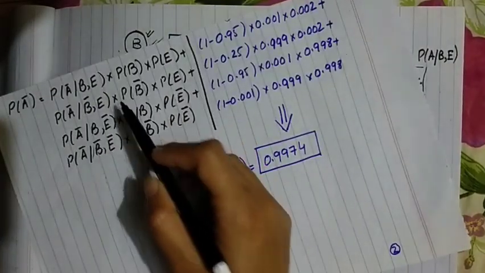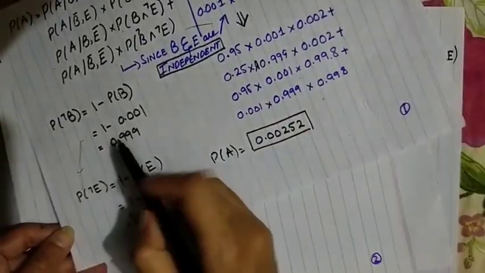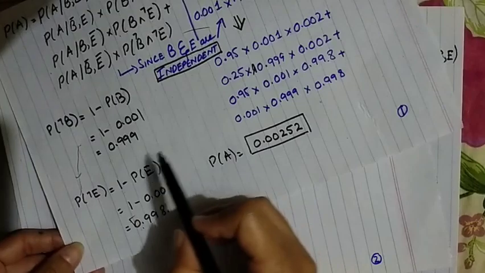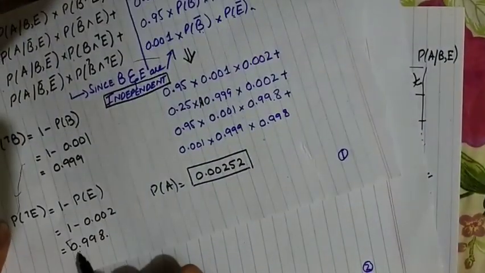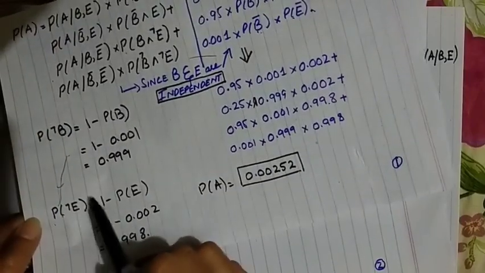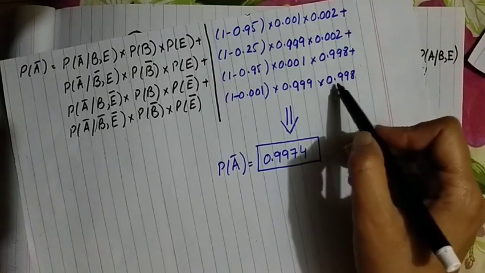And for the false statement we had already found out the value, and we have to place the same value again, which is 0.999. Here it is. And we also did it for probability of not e, which is 0.998.